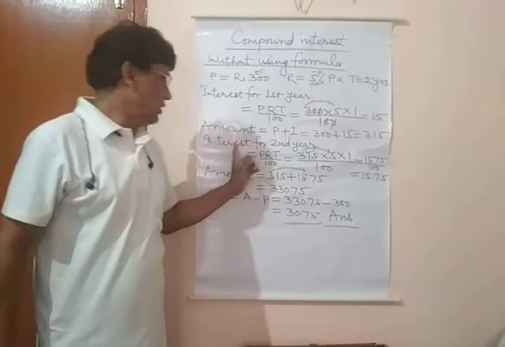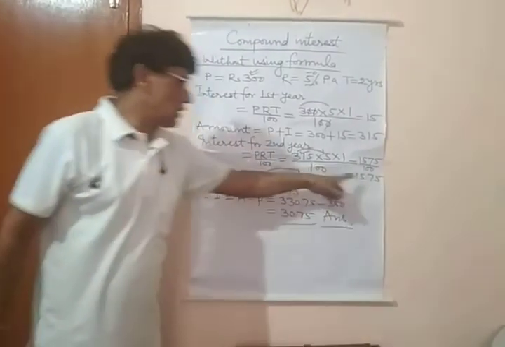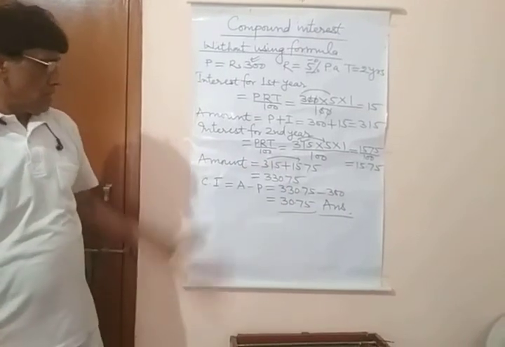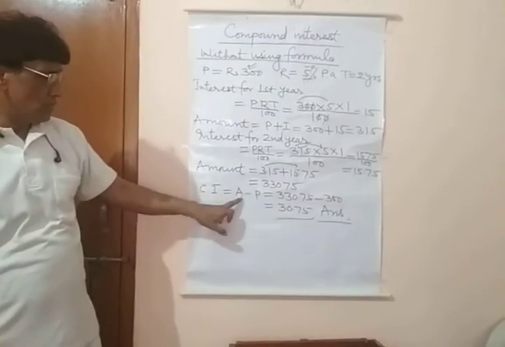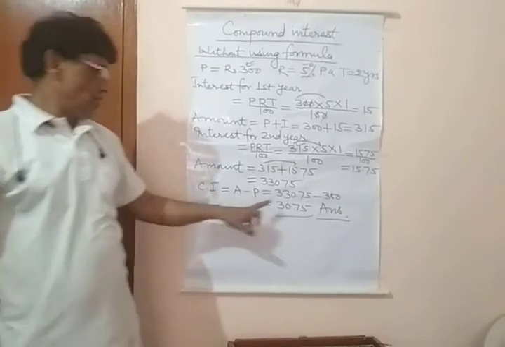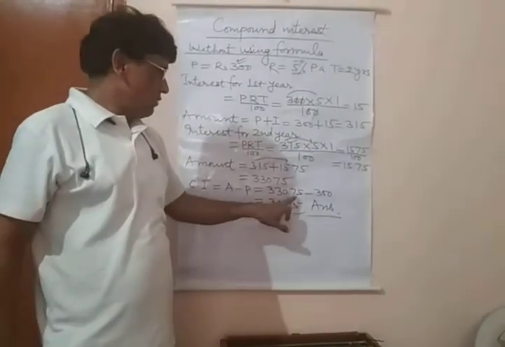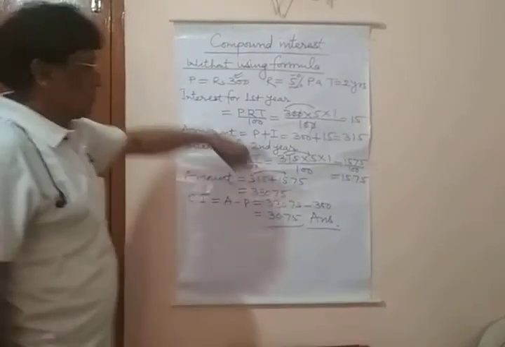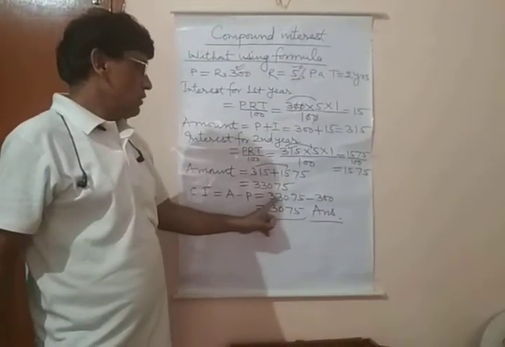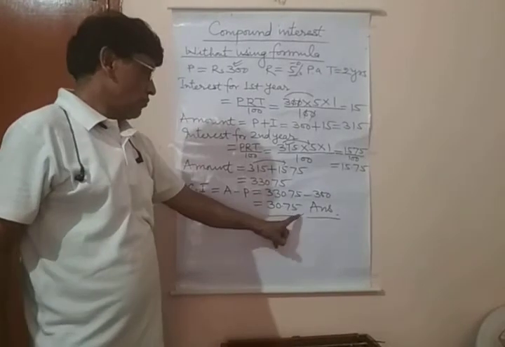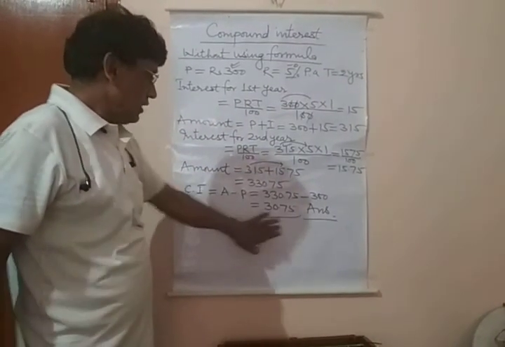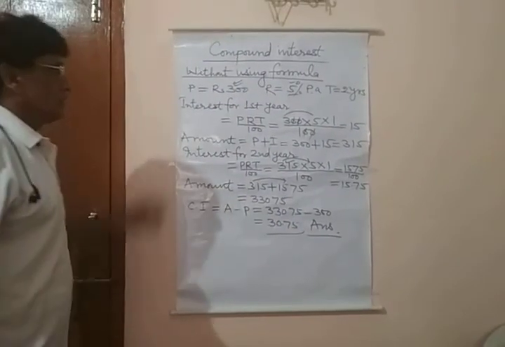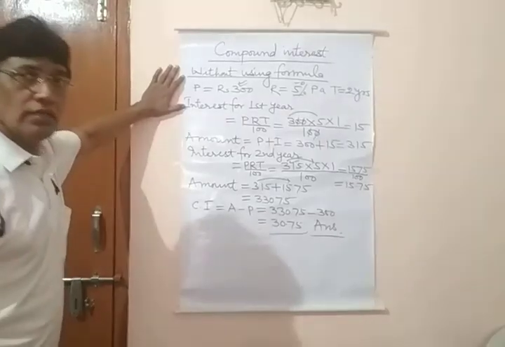So you get interest for second year also, and then amount for second year, and then compound interest is equal to amount minus principal, 330.75 minus this initial amount, that is 300. So 330.75 minus 300 is 30.75. So this is the compound interest for 2 years. Okay, thank you.